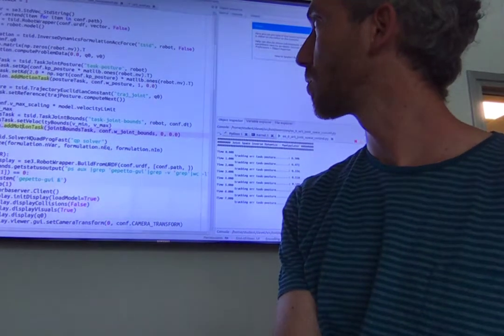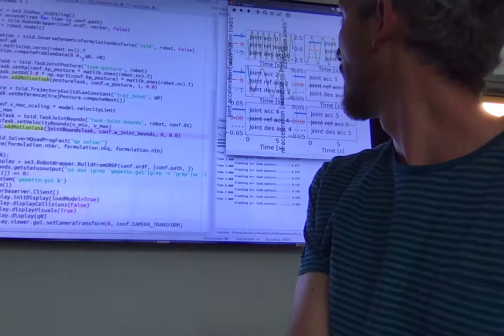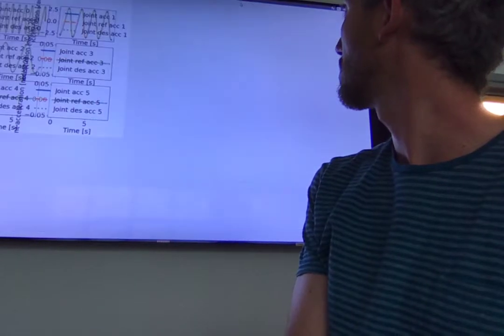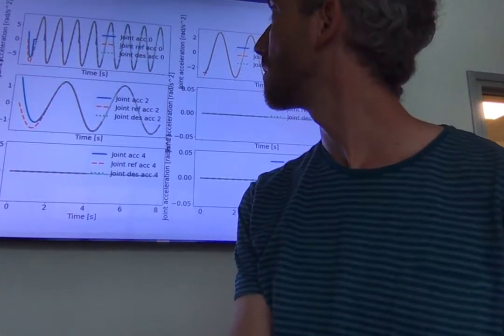So this cannot be violated, whereas this can be violated. So actually we should also be able to see that now, because we have the joint velocity limits, you see it here.